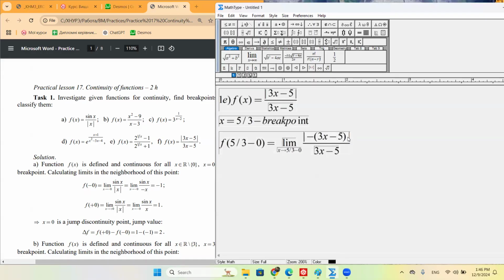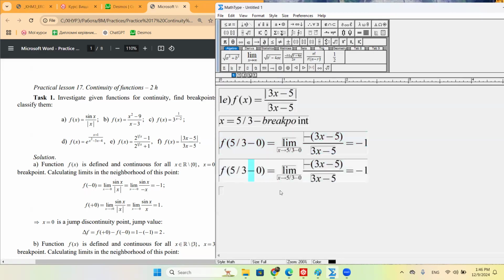So it will be opened like this. So basically the result here will be -1. And if plus 0, let me move the modulus back. We will have a positive value if 5/3 plus 0, we will receive a positive value here. So just removing this modulus sign, and the value is 1.